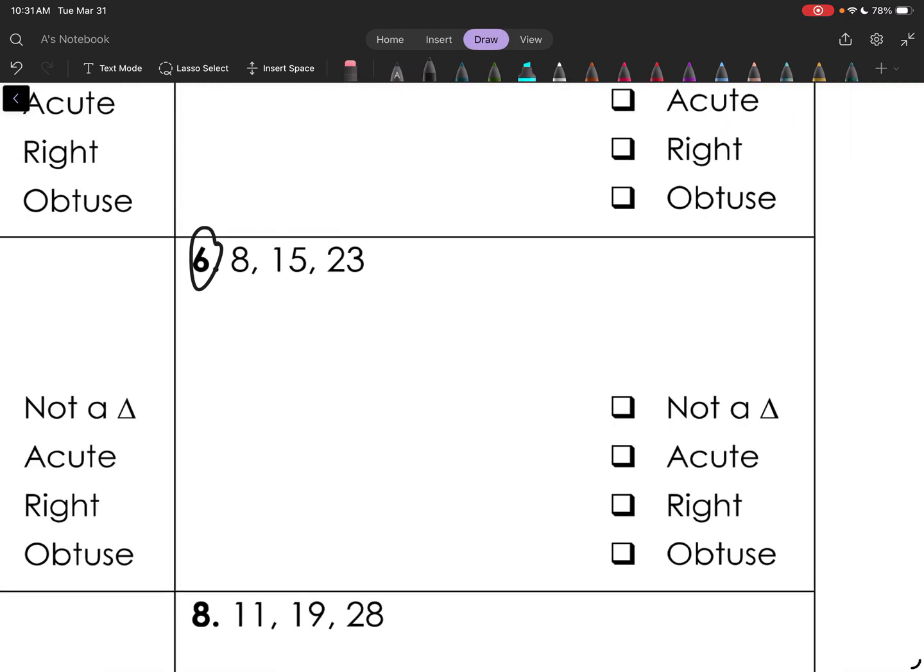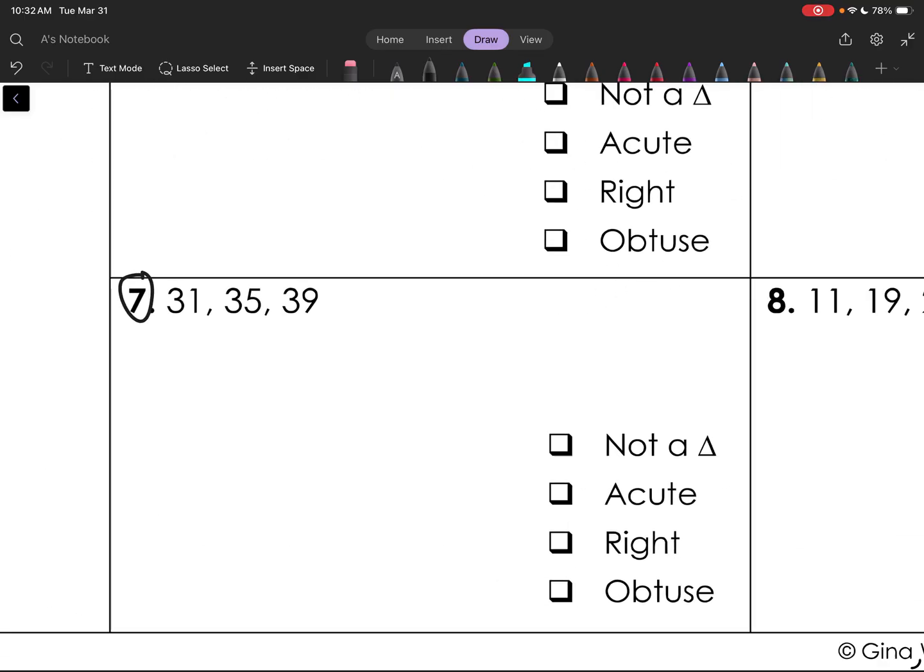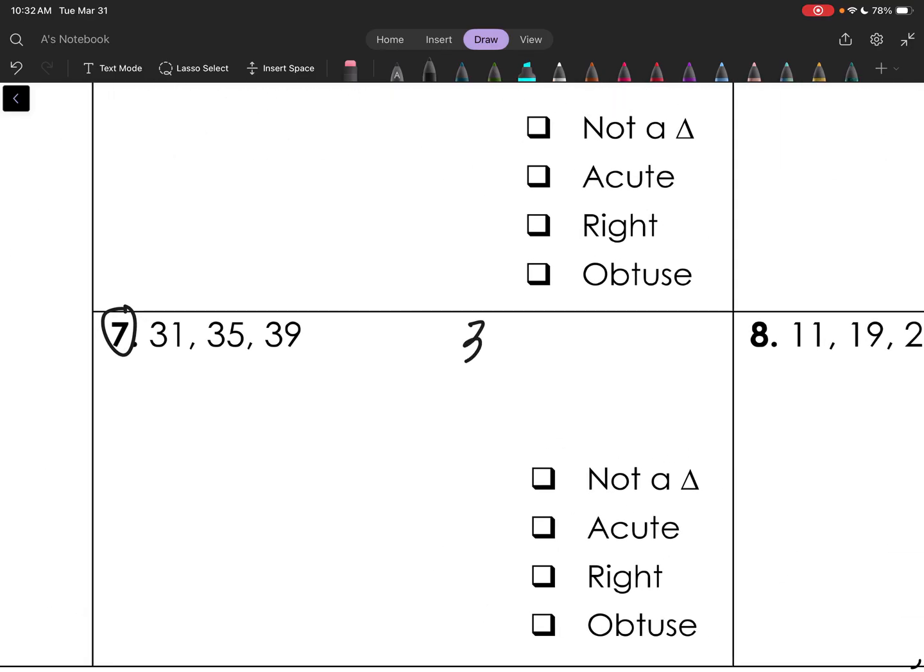Number 6. I'm going to do my check. 23 needs to be less than 8 plus 15. 23 is less than 23. This is incorrect. It is not a triangle. Number 7. 39 is less than 35 plus 31. 39 is less than 66.